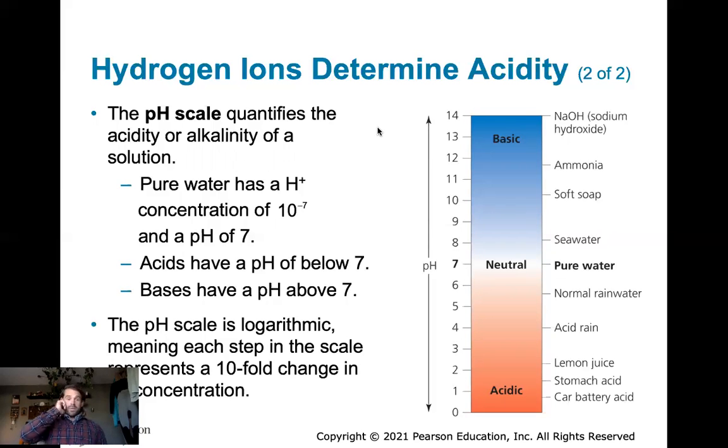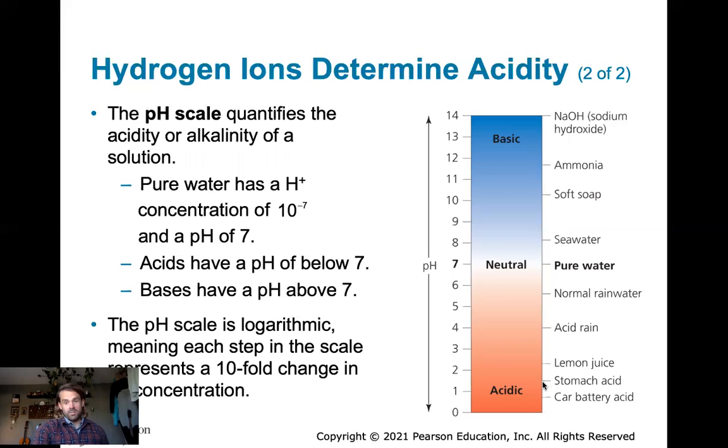Now, what's interesting about the pH scale is that it's logarithmic, which means that a pH of 8 is a 10-fold change in, in this case, the OH- concentration. So each one of these is 10 times as severe as the previous one in terms of the number of OH- in the basic category or H+ in the acid category.